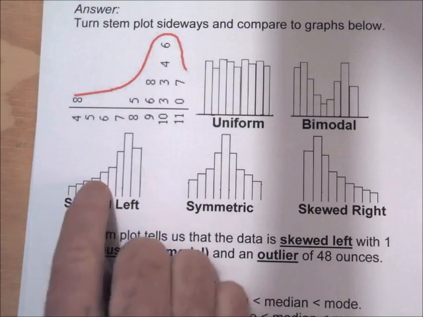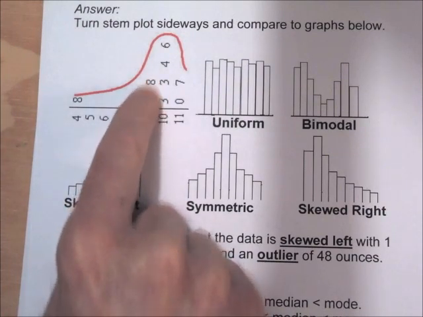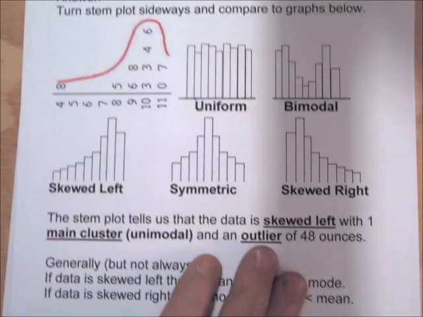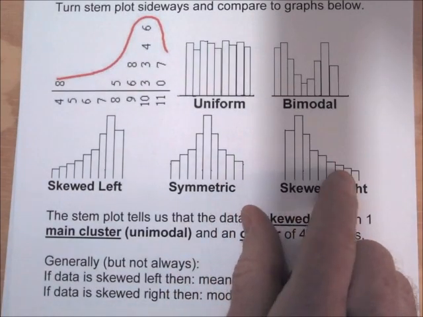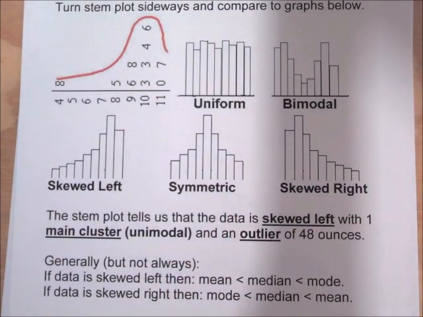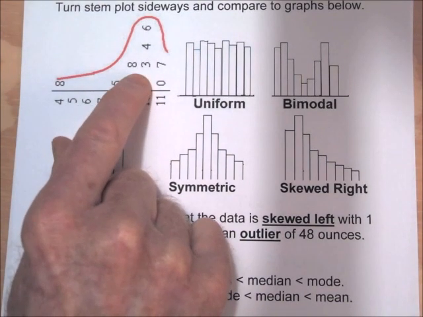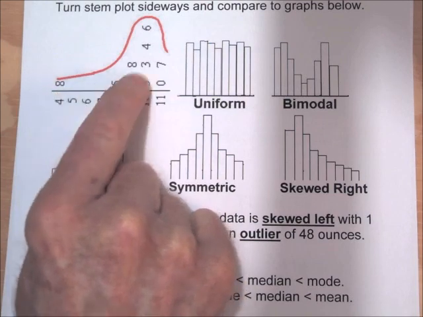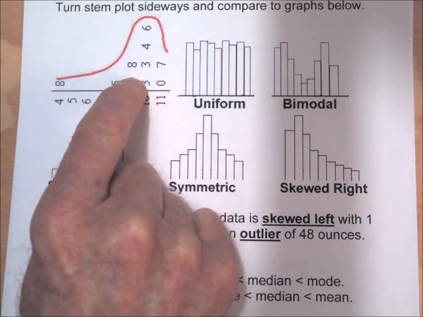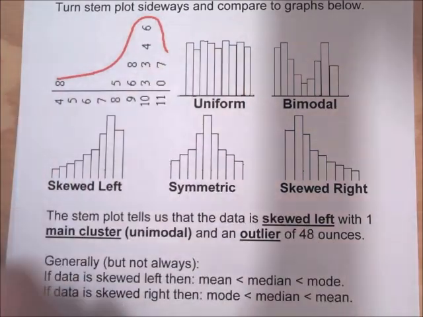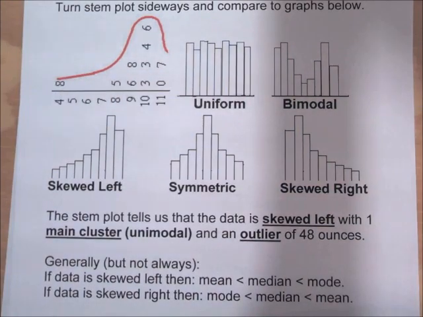Skewed left, that's the one that matches our graph here. Symmetric, the left side is a mirror image of the right side. Skewed right, the longer tail is on the right. But the one that matches ours is skewed left, with one main cluster, so it's unimodal, as opposed to bimodal, and an outlier of 48 ounces.